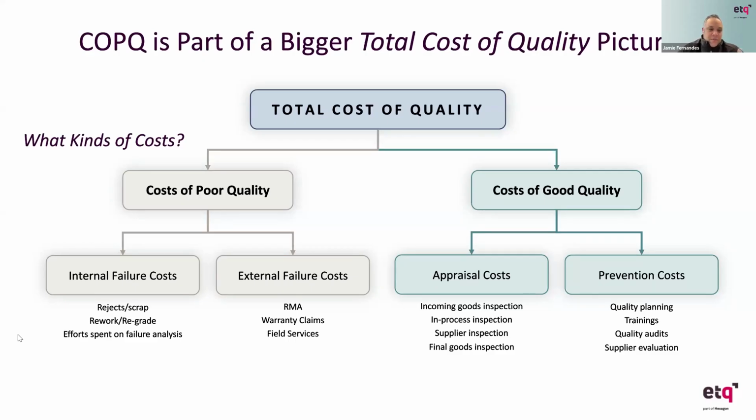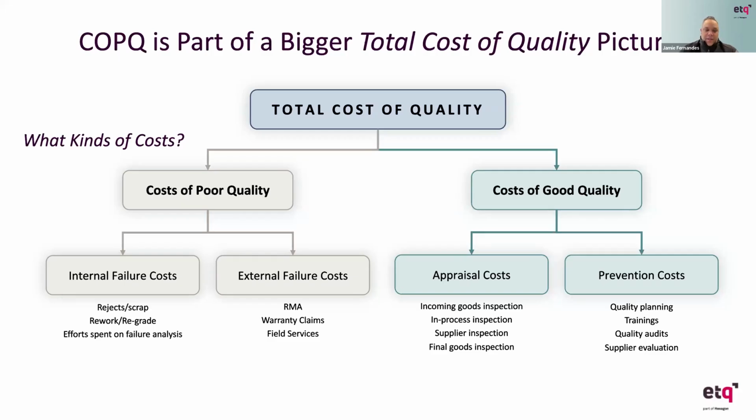So rework, scrap, efforts spent on FMEA, which is a little bit softer in terms of people's time, and then remediation of those things. And then those external failure costs, when things escape and make it out to the customer. And then you have things like the returns, the warranty claims, and the field services.